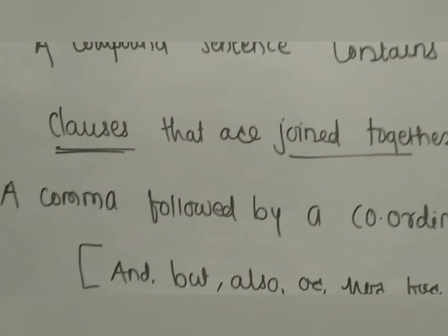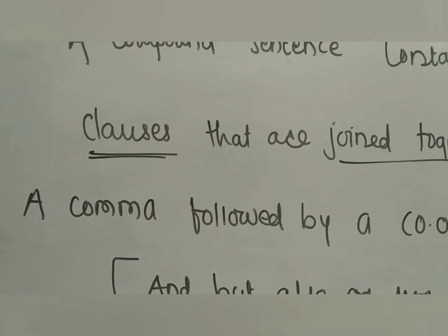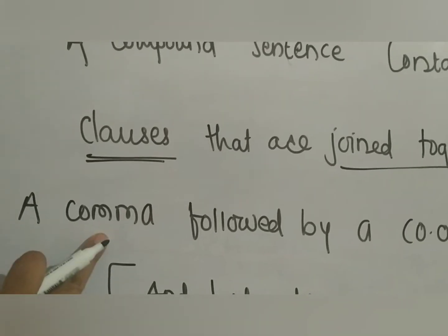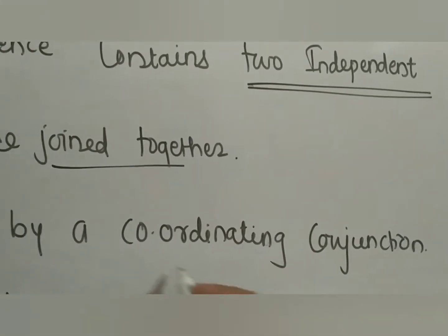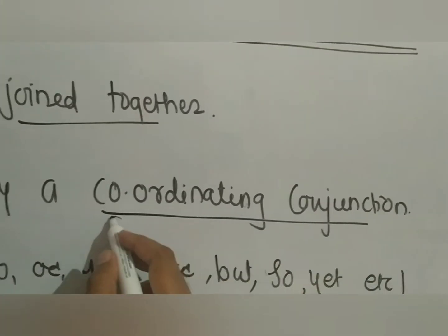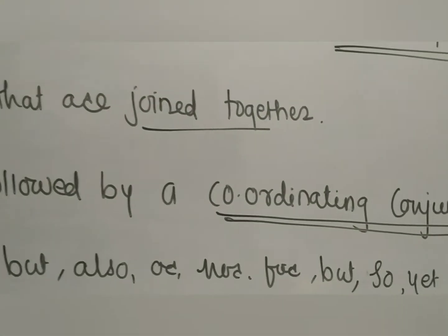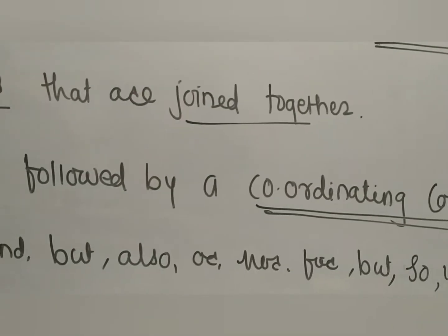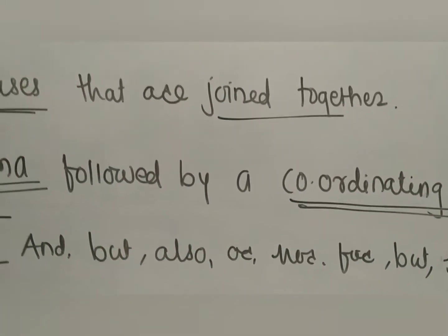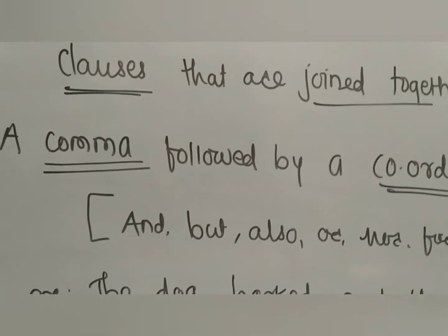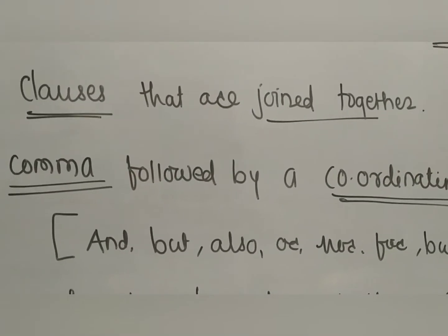Now first see how to make a compound sentence. There are some rules like this: a comma followed by a coordinating conjunction. So when we write a compound sentence, you use a coordinating conjunction and a comma. Friends, in grammar, when we write a sentence, you must follow the rules and regulations of grammar.